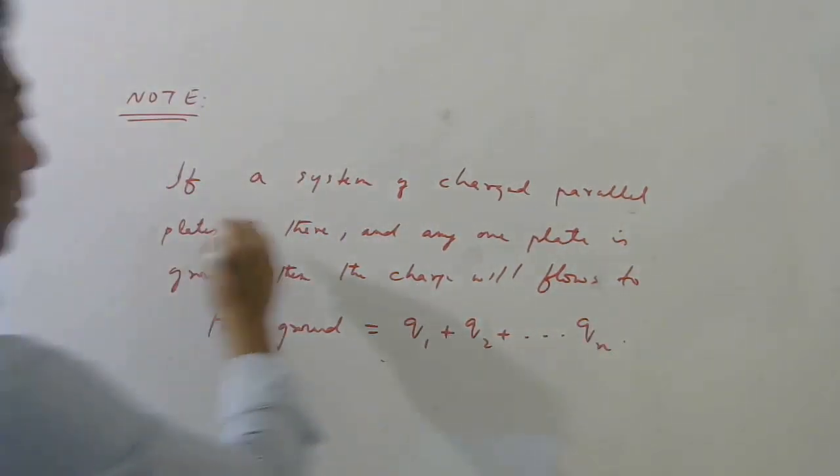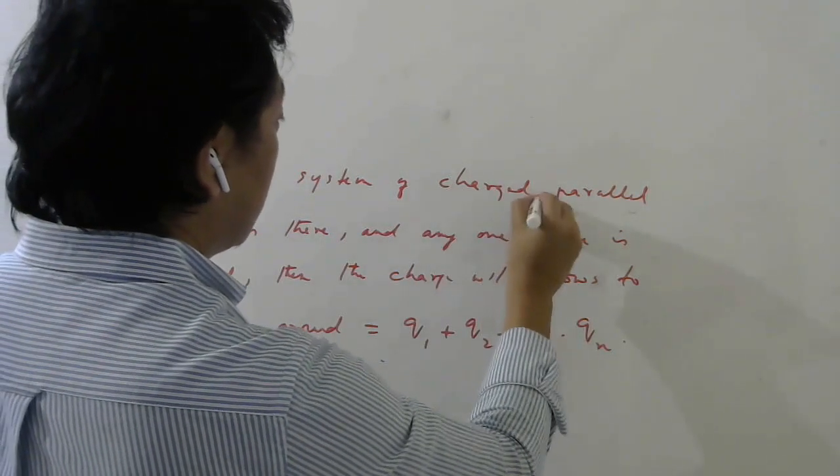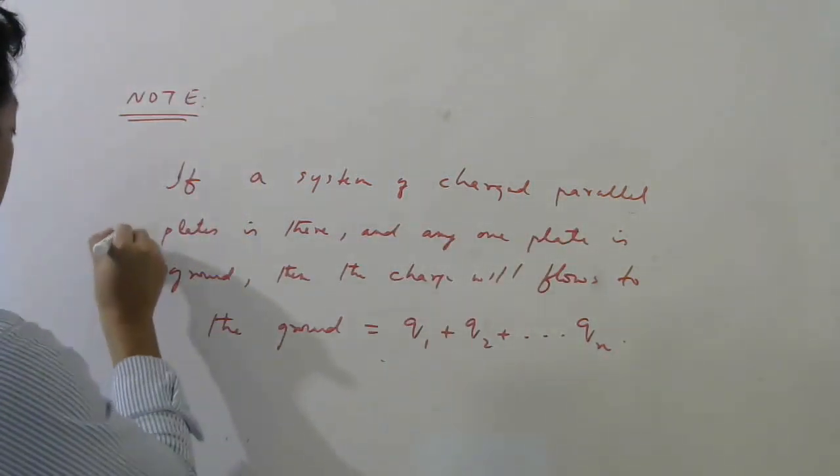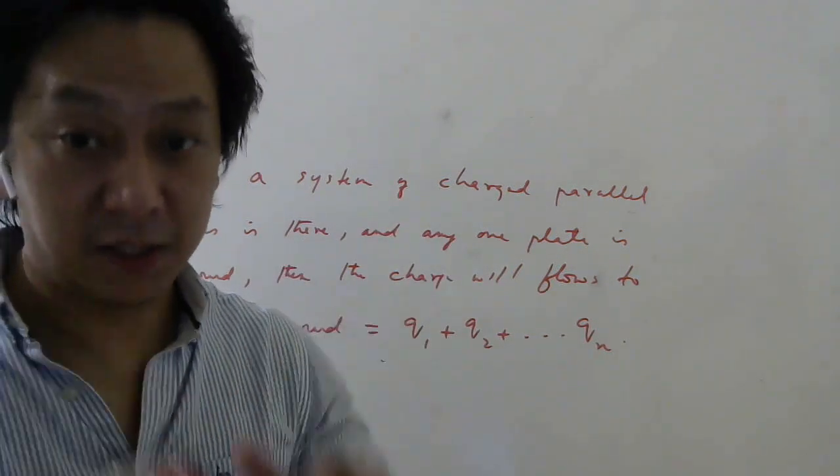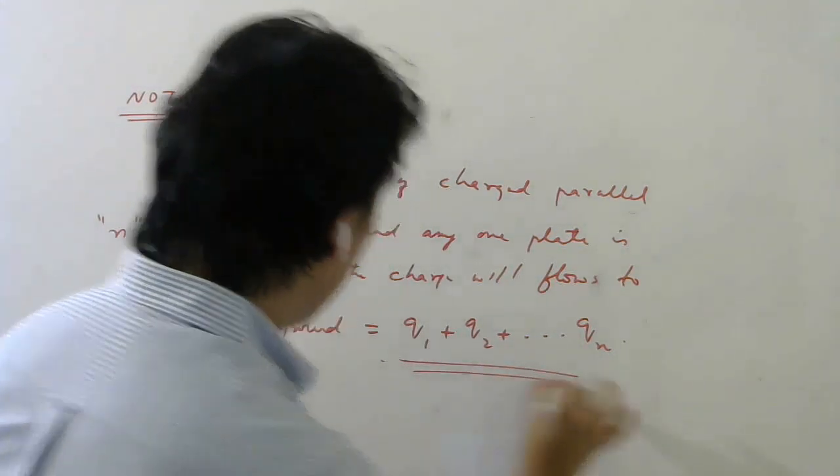If there are n plates, if a system of charged parallel plates, n plates, so the total charge which is given to the system, that much total charge will flow to the ground.